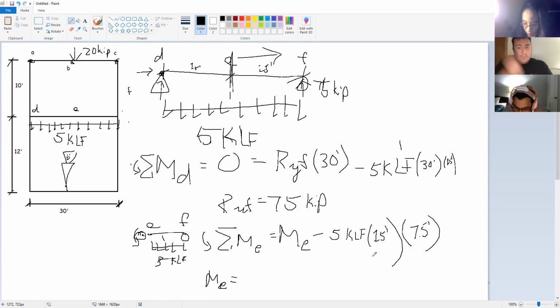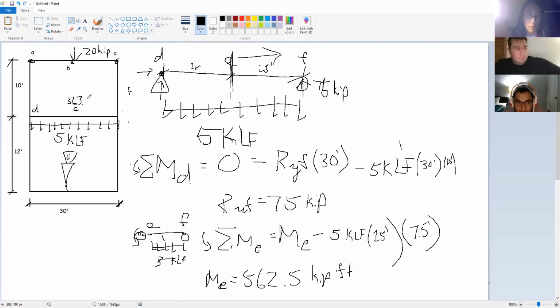You're good. That's just going to be 562.5 kip feet, and that is the moment at E. So 563 kip feet.